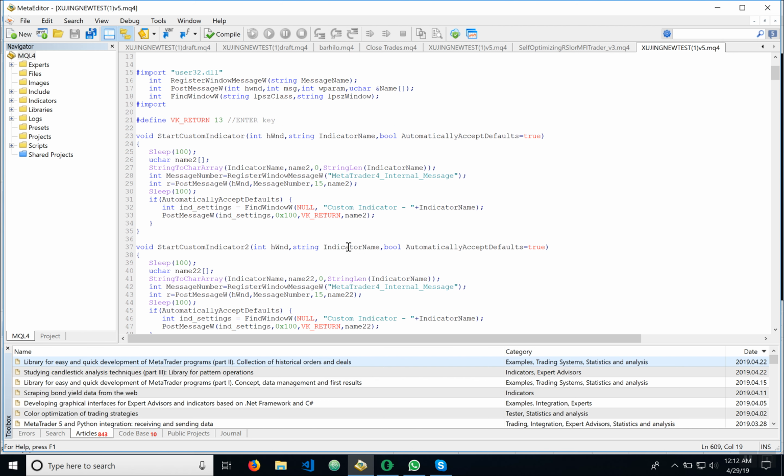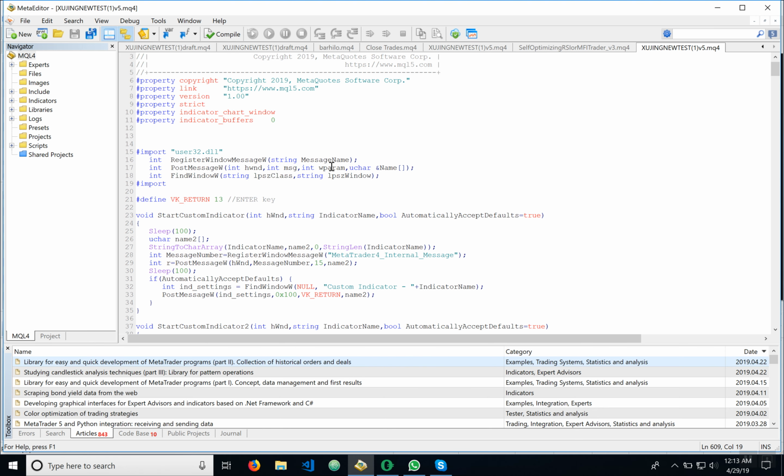So first, as a requirement of the Gordon Day Trader, it must load the MACD, RSI, and Bollinger Bands indicators upon the launch of the expert in Forex. So that's what this first set of code does.